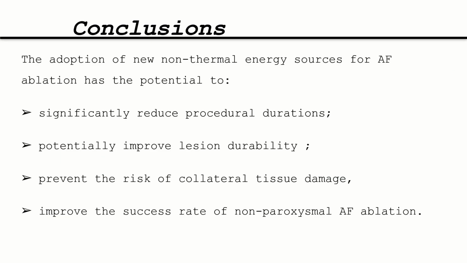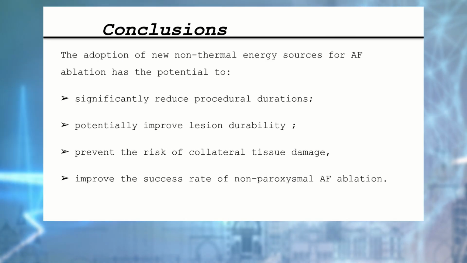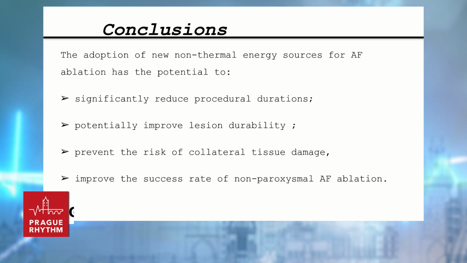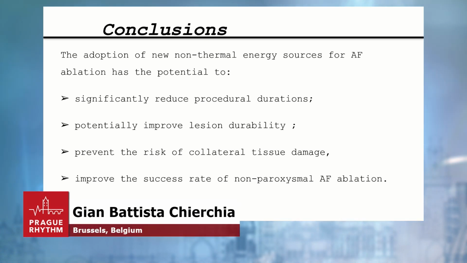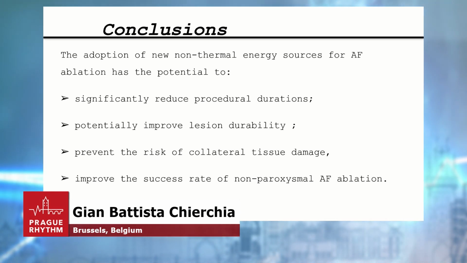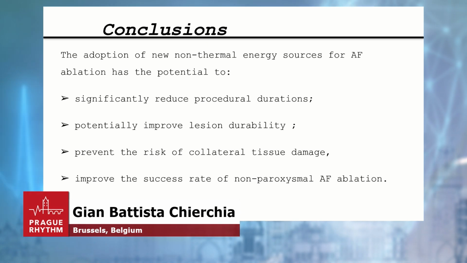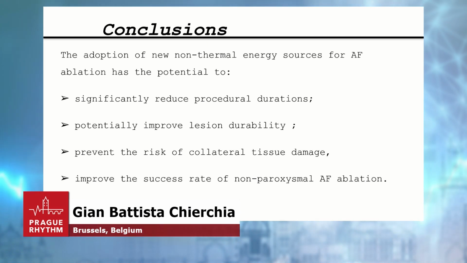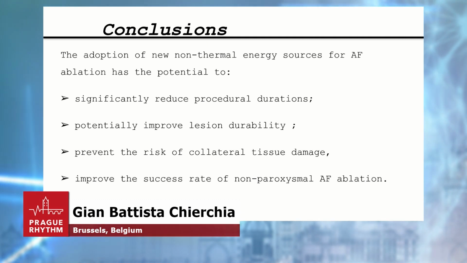So in my conclusion, the adoption of PFA energy sources has the potential to significantly reduce procedural duration, according to what we're seeing, and potentially improve lesion durability if studied. We have to be careful because every device is delivering PFA in a different way, so it will have to be analyzed with all the different devices coming on the market.